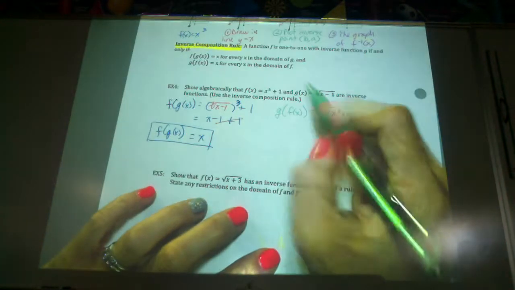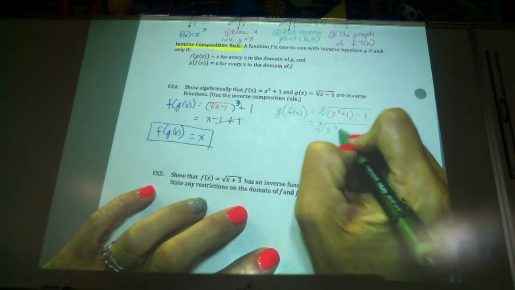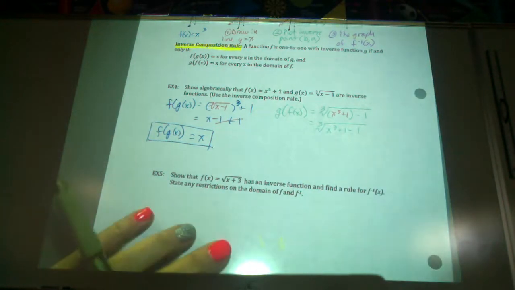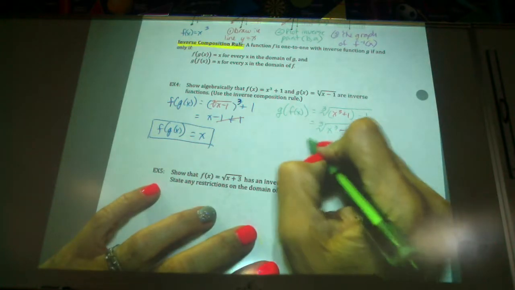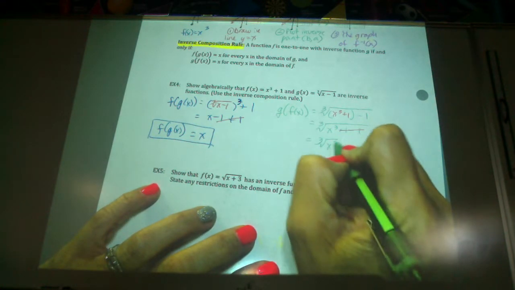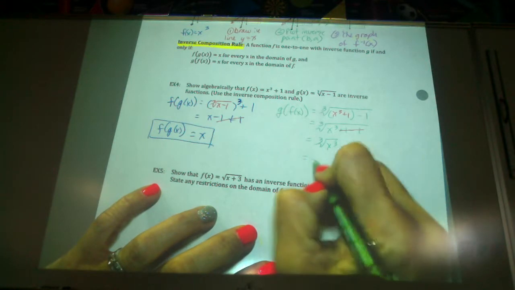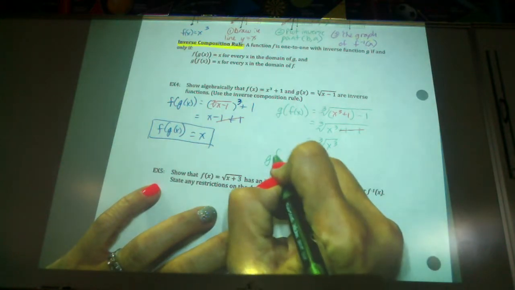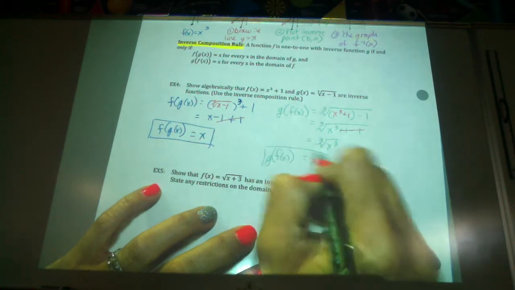Then underneath that cube root, I can drop those parentheses. And don't the constants 1 and negative 1 cancel out? You're left with the cube root of x cubed. What does that equal? It's x. So g of f of x is also equal to x.